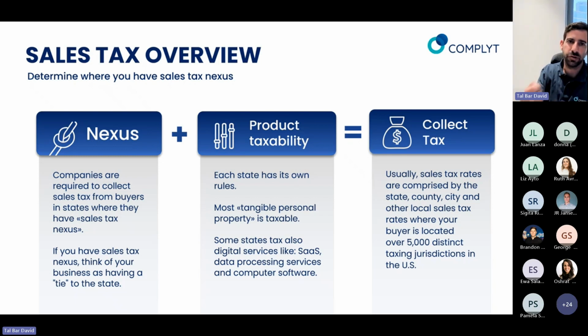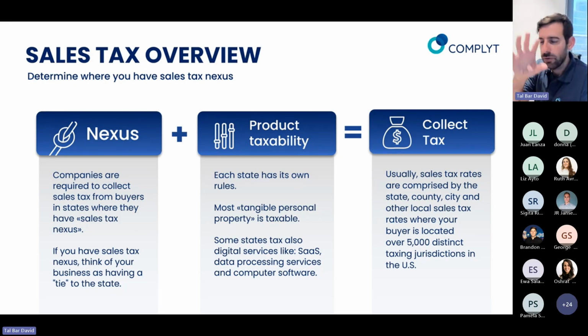For example, if I'm doing a transaction with someone in Manhattan, the tax rate would be 8.875. But if I do a transaction with someone in New York but in Brooklyn, it would be 8.65.